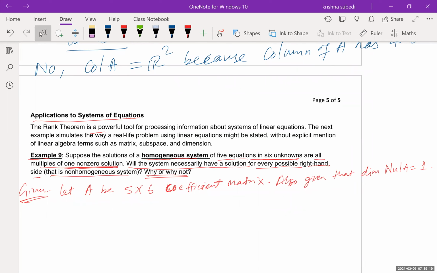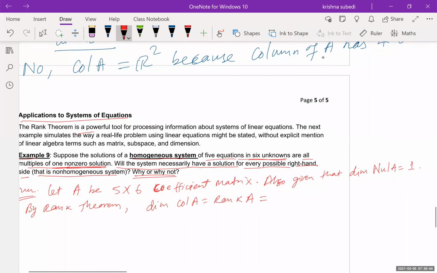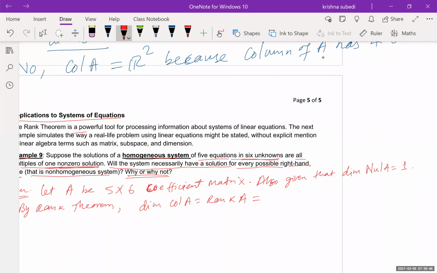Now I want you to find the dimension of column space of A, or rank. So by the rank theorem, dimension of column space of A, or sometimes we call it rank of A, equals 6 minus 1, which is 5.